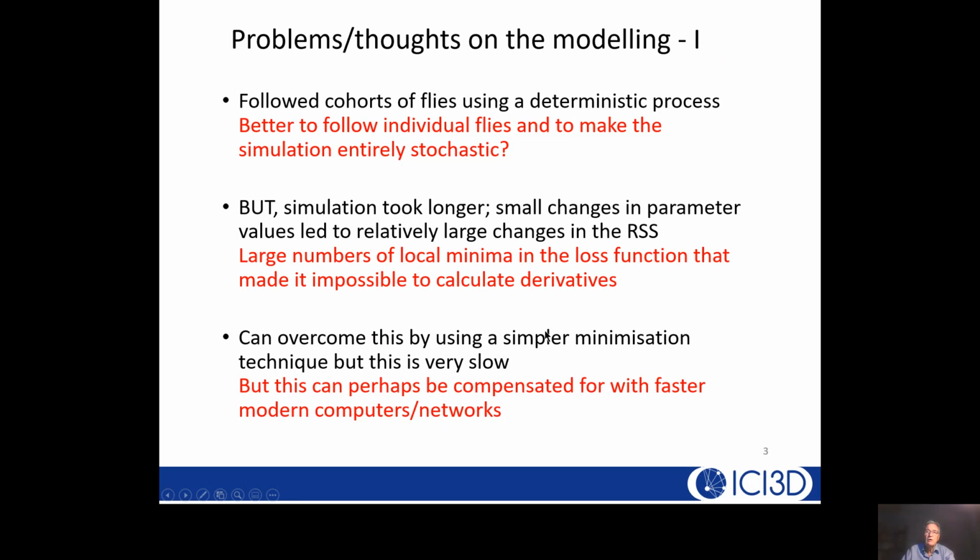And we saw large numbers of local minima in the loss function that made it impossible to calculate derivatives. We could have overcome this by using a simpler minimization technique, but this would have been very slow. But on the other hand, this could be compensated with faster, more modern computer networks.